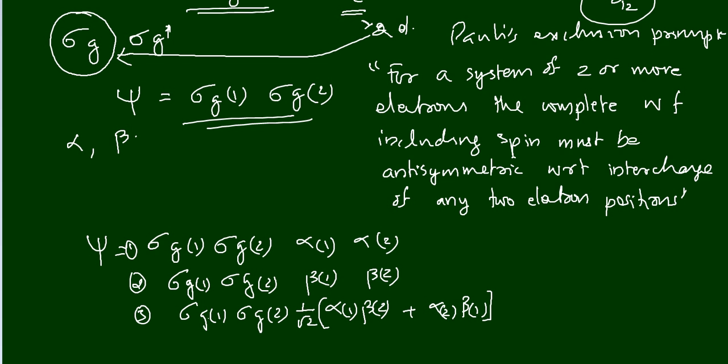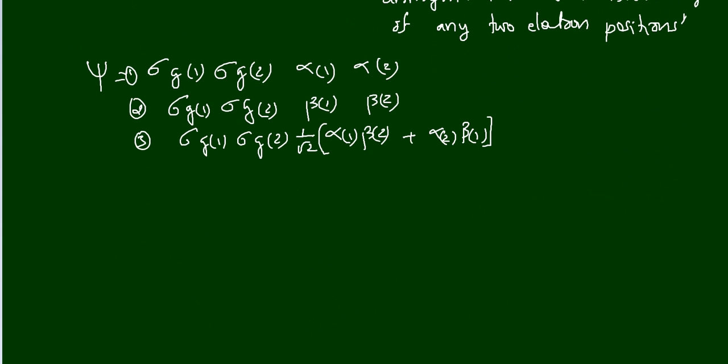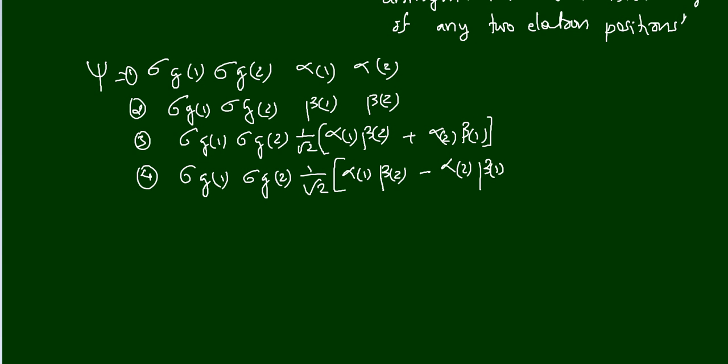Then we have to write the last possibility, the fourth possibility: sigma g1 sigma g2 and then 1 divided by root 2, alpha 1 beta 2 minus alpha 2 beta 1. This is another combination. Both of these are linear combinations, but here we take the addition and here we take the subtraction.